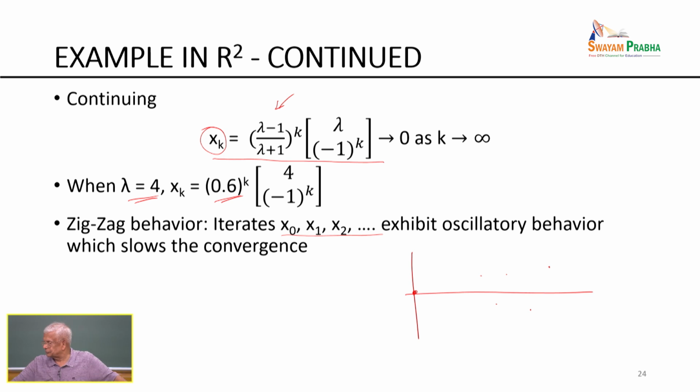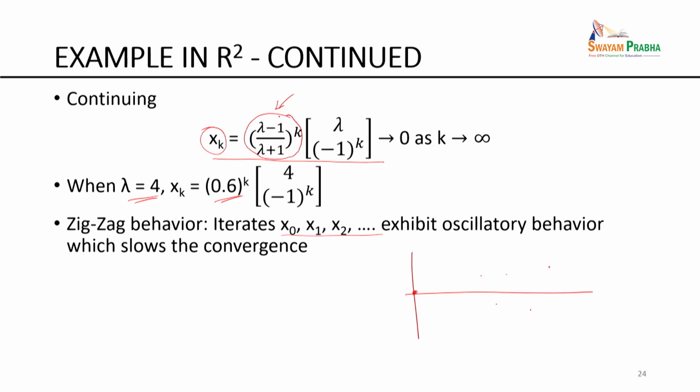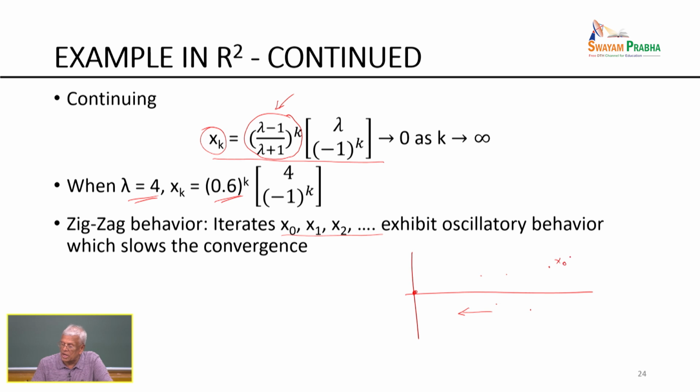The magnitude of the scalar that multiplies shrinks to 0, while the vector itself is above and below. So, it shrinks and moves towards the left, and that is what we wanted, because this is x naught, this is x star, and it oscillates. So, what does it tell you?